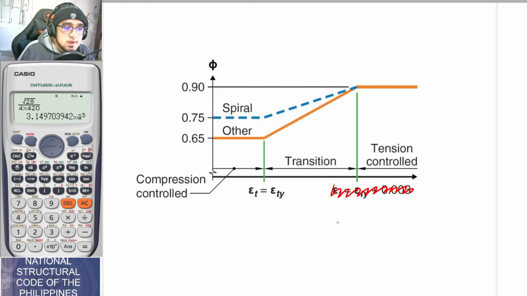So according to NSCP, the strain t is 0.005. In this particular boundary here, this 0.005 is our limit according to NSCP. So if you would be having a strain of, let's say, 0.0051, it is tension controlled.